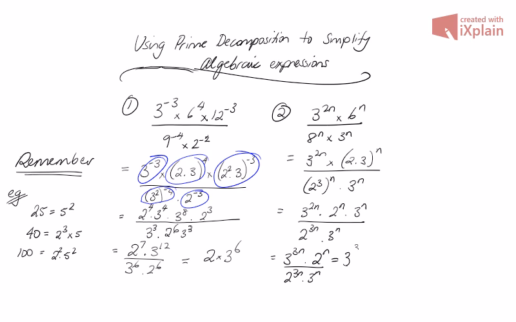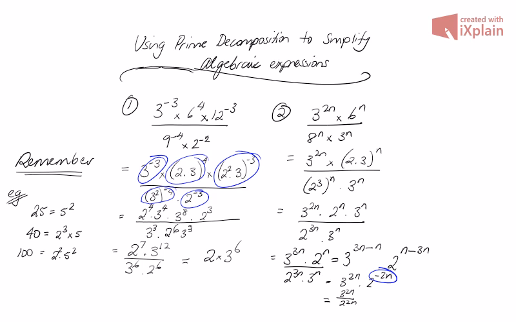So it's going to be 3 to the power of 3n minus n, and 2 to the power of n minus 3n. So we get 3 to the 2n and 2 to the negative 2n. The main reason I do that is so that we don't lose this negative here. Sometimes we can make little mistakes when we don't change that. So I'm going to change that negative to make it a positive power.